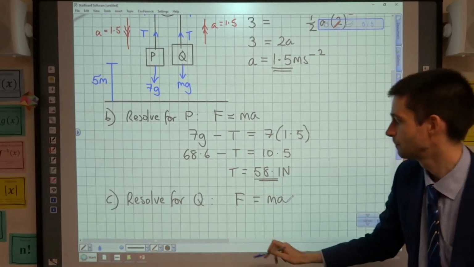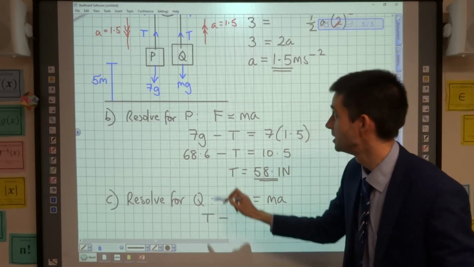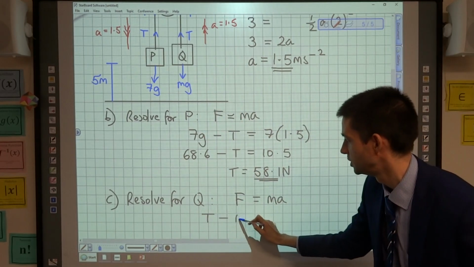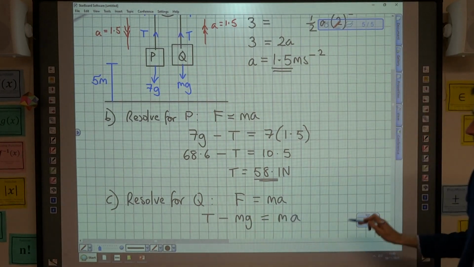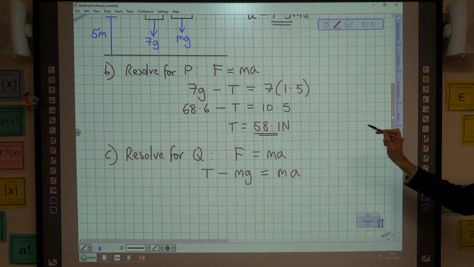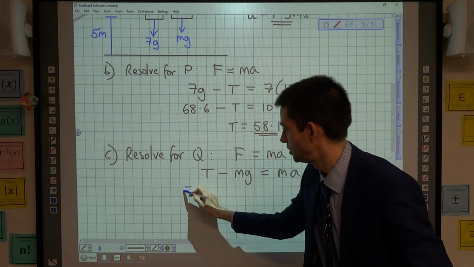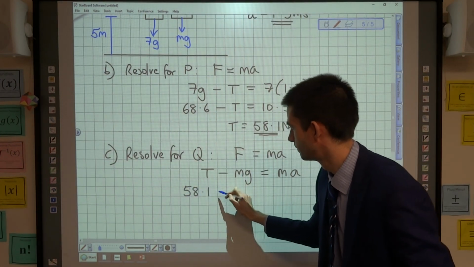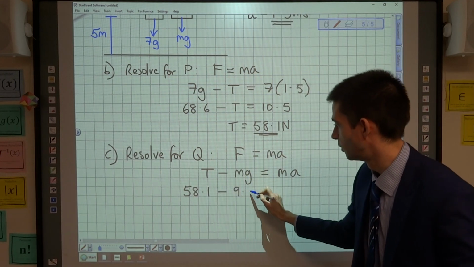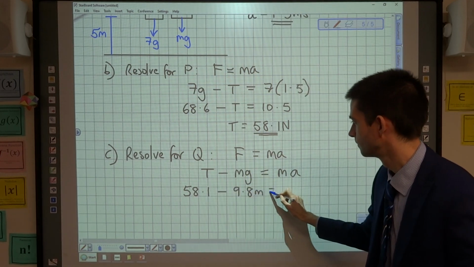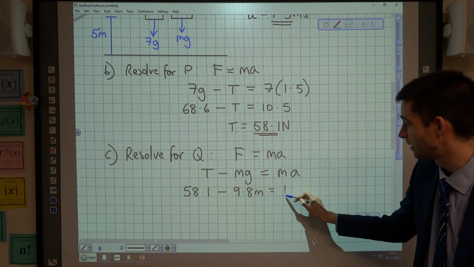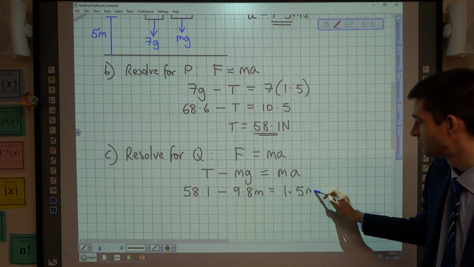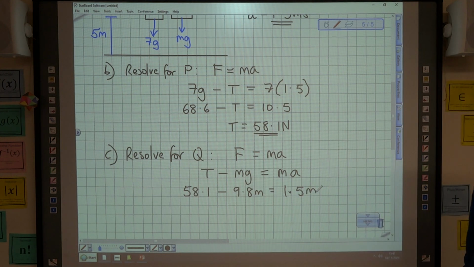So that's T minus the weight of Q, which is mg, equals mass times acceleration. Now we know from part B that the tension is 58.1. We know that g is 9.8, so we can replace there. And we know the acceleration of the system is 1.5, so we can write 1.5m there.